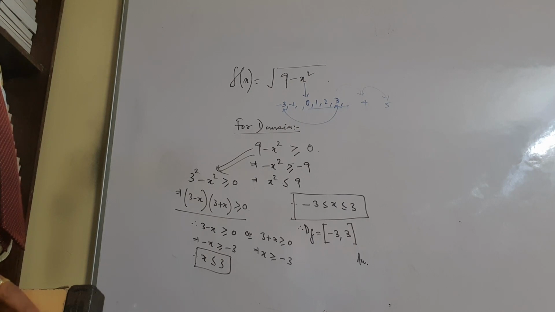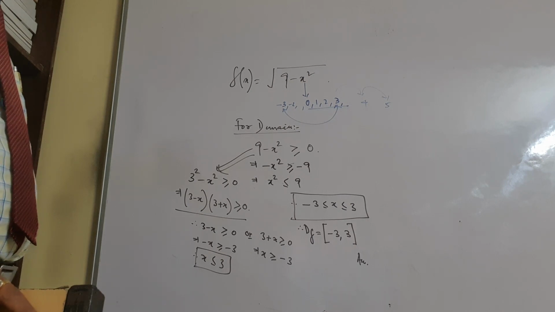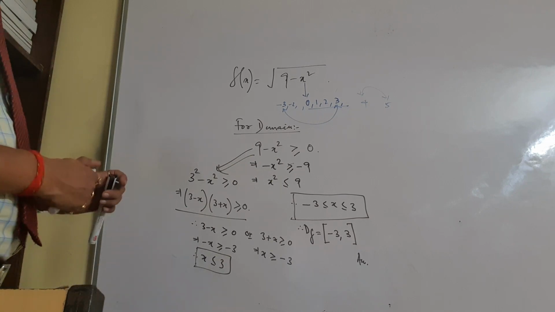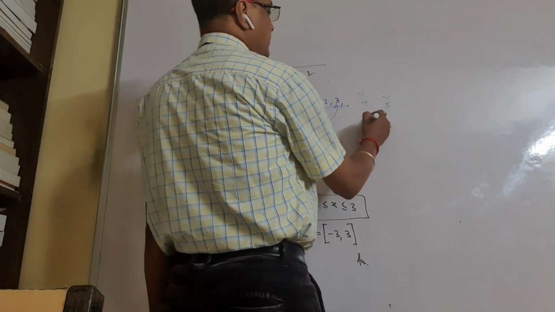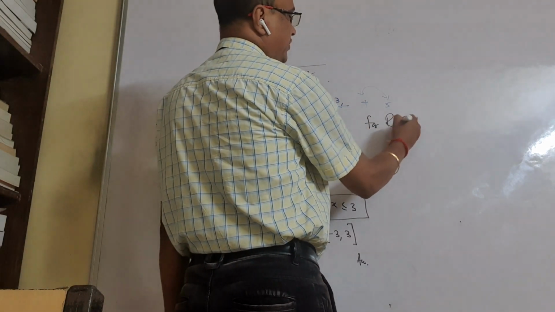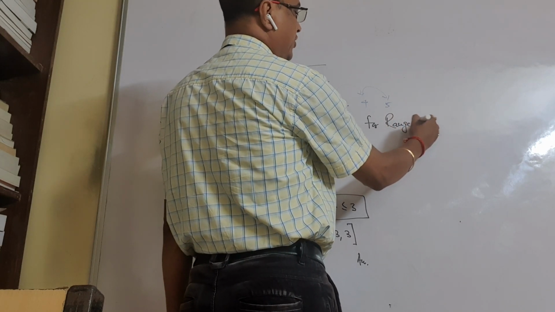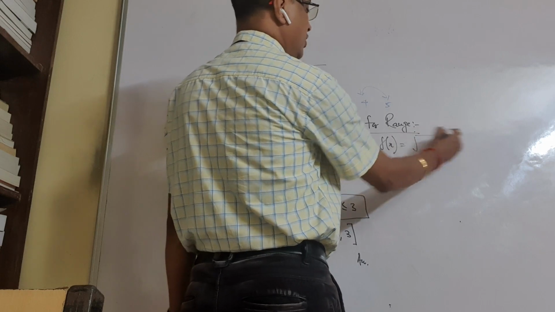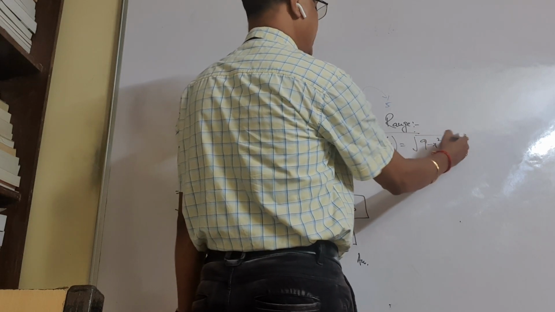Now we have to find the range. Range means values of y. So how do we proceed for this sum for range? For range, f of x is equal to root of 9 minus x square.